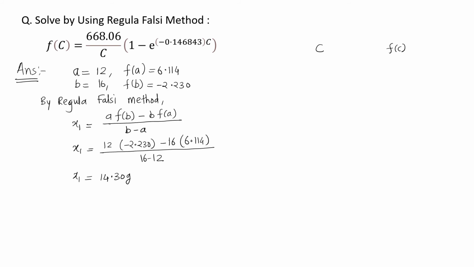Okay, now calculate the function value at x1. So f of 14.309 comes out to be minus 0.2515.